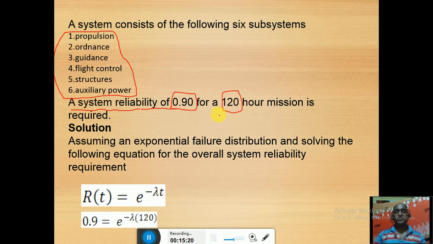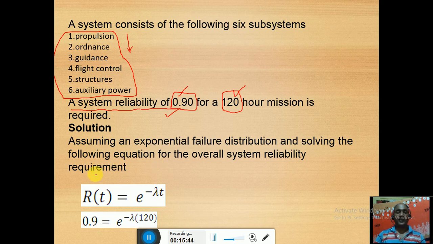It means that up to 120 hours the reliability of the system which consists of these six subsystems must be equal to 0.9. We have to allocate this reliability among these six subsystems such that when you put all these subsystems in series, you will get the system reliability as 0.9.